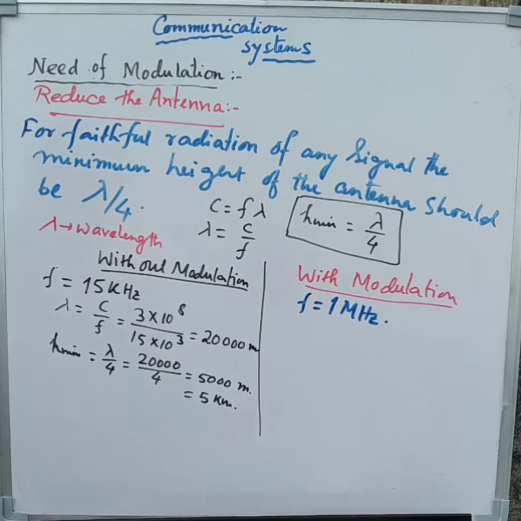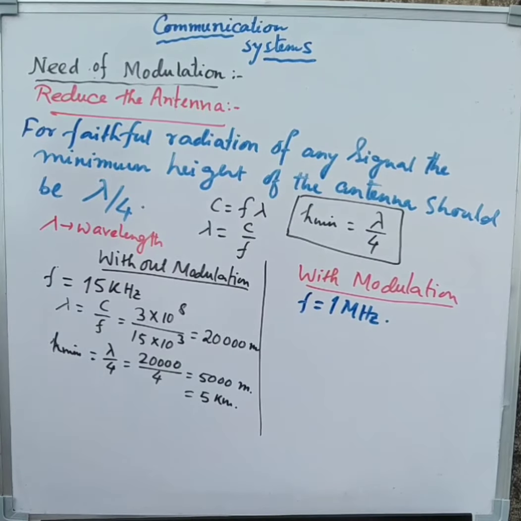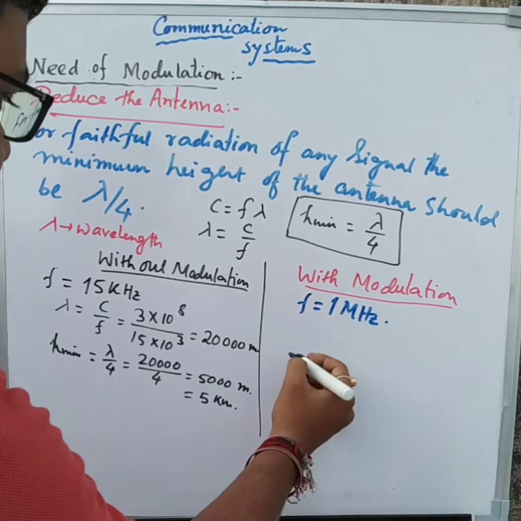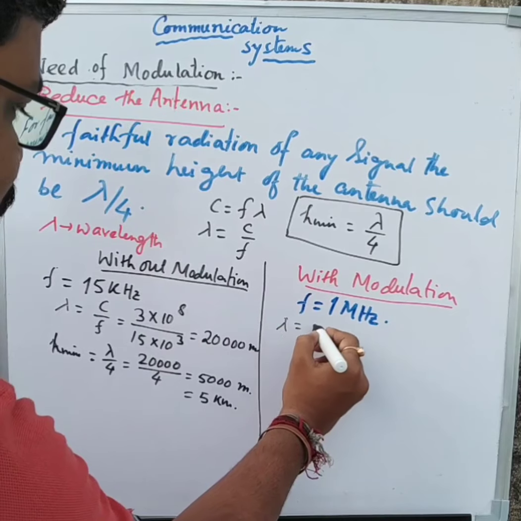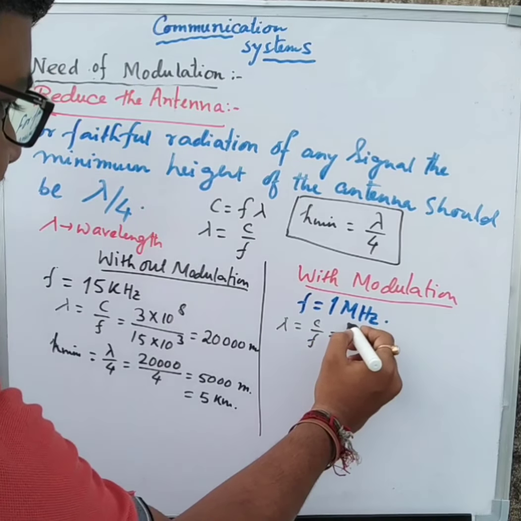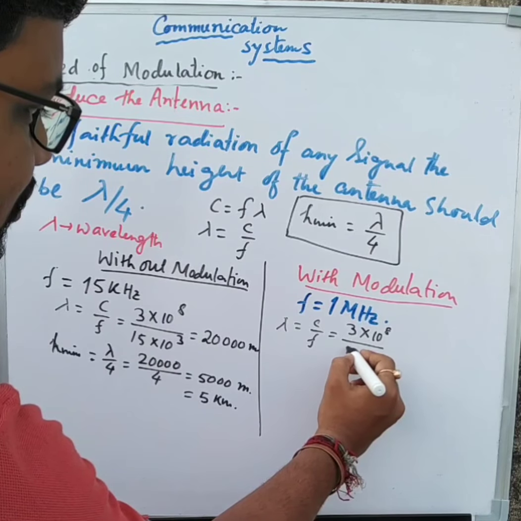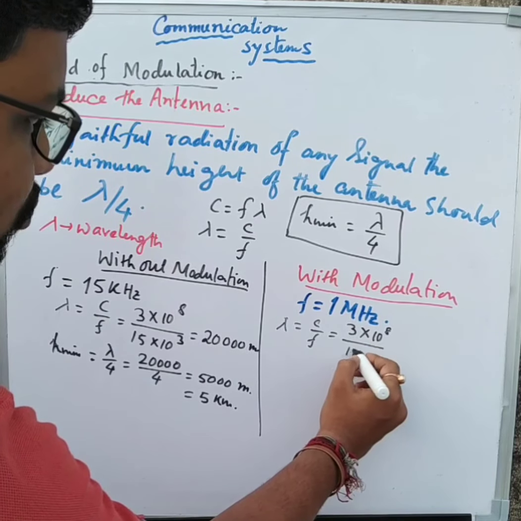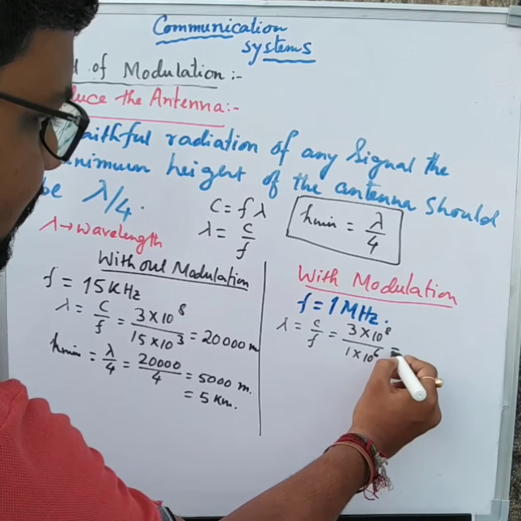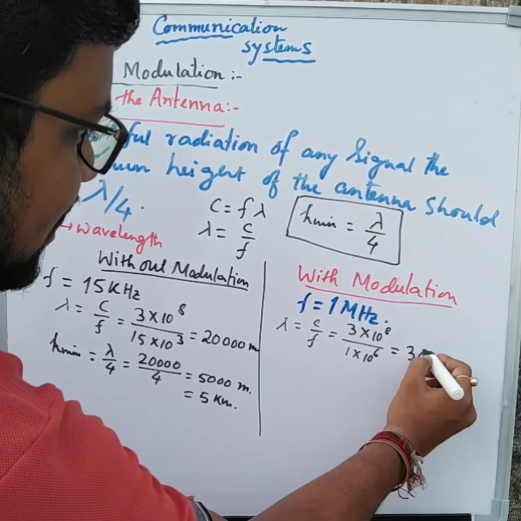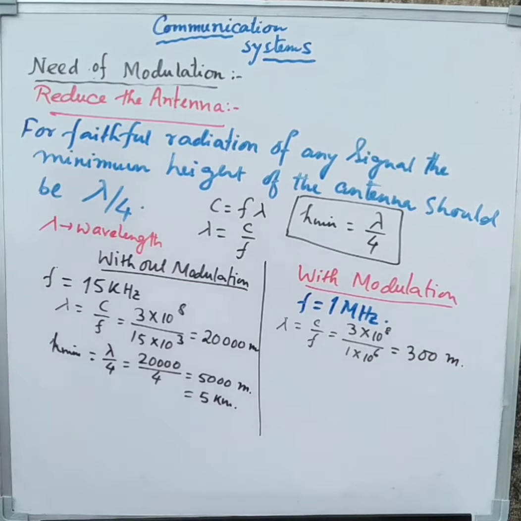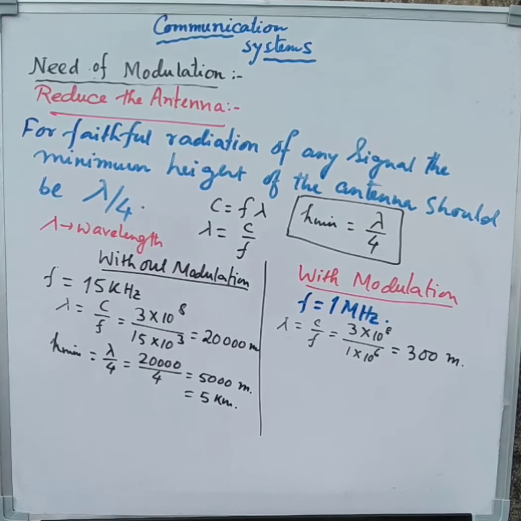Now for lambda, the same formula I am applying here. We know that the frequency is 1 megahertz, and lambda equals C by f. C is 3 into 10 to the power of 8 meter per second, and f is 1 megahertz, that means 1 into 10 to the power of 6. If you cancel it, you will get 300 meter, right? So this is the wavelength, 300 meter.